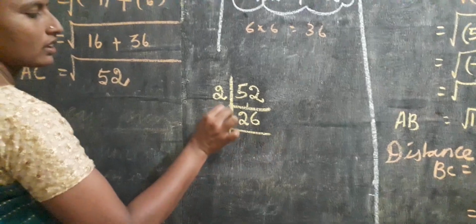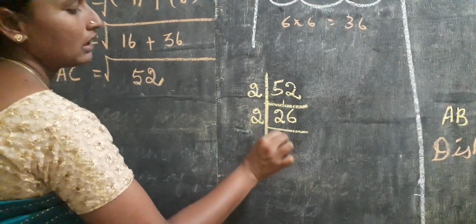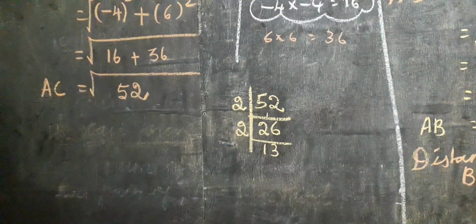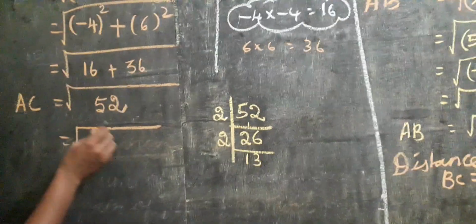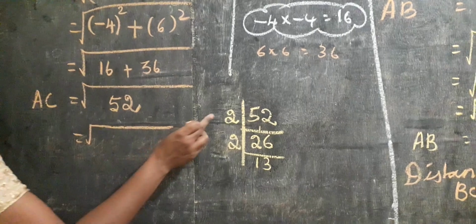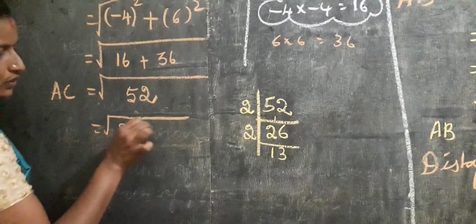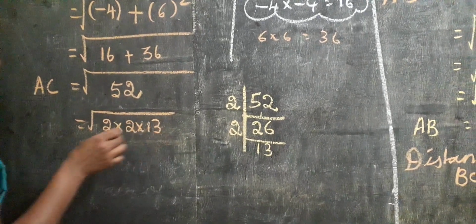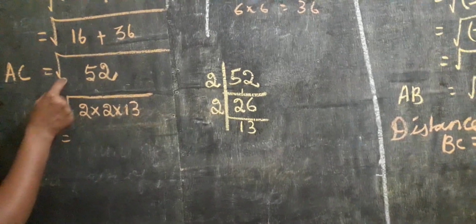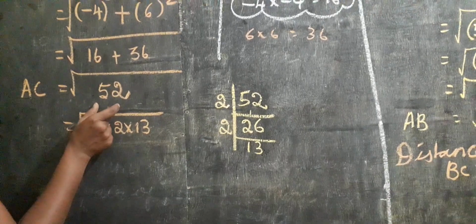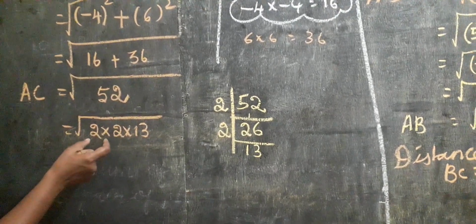Next, again put the 2 table: 2 thirteens are 26. So the factors of 52 are 2 into 2 into 13. And then we have to find the square root of 52.